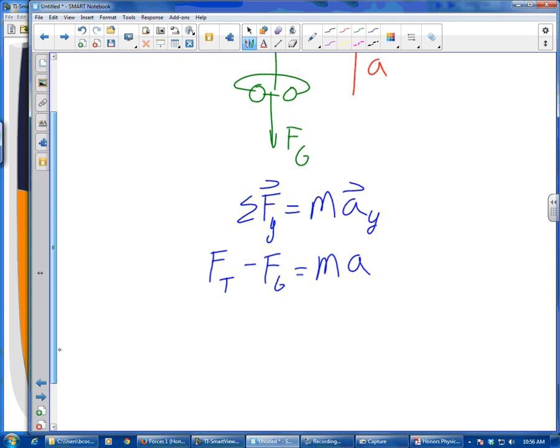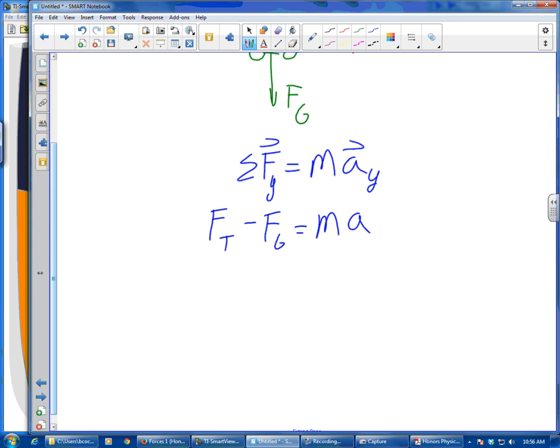I have the weight, so I have a specialized equation from my equation sheet: F sub G equals M, the mass, times the gravitational field strength. And I know that g is 9.80 newtons per kilogram, also from my equation sheet.